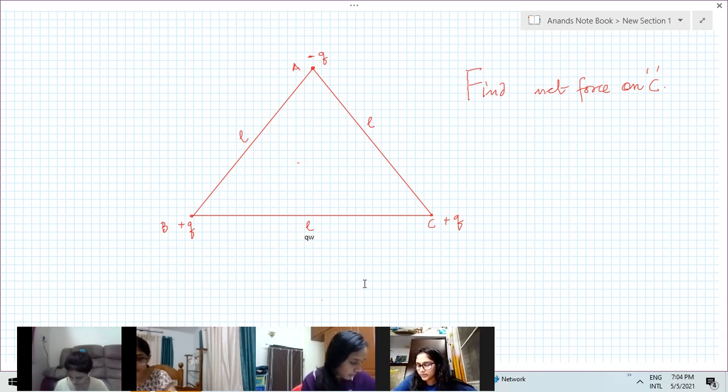And the angle between the two vectors will be 60 degrees, vertically opposite angles. And then I just used the formula and I found the answer.